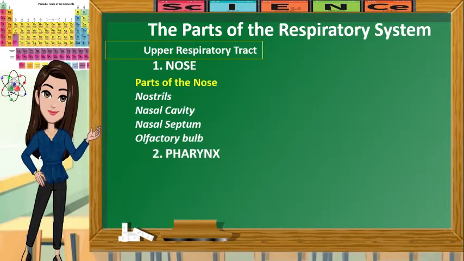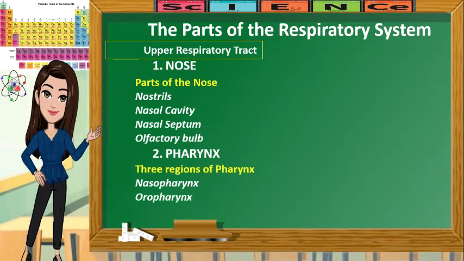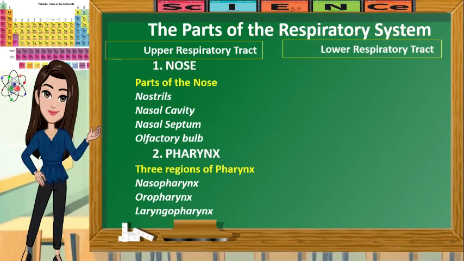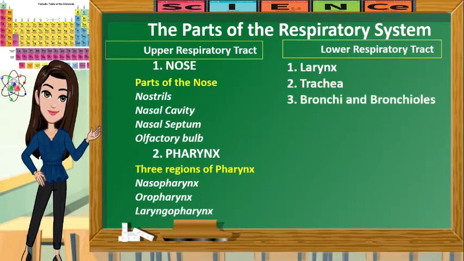The second one is the pharynx. We have three regions of the pharynx: the nasopharynx, oropharynx, and laryngopharynx. We have the lower respiratory tract. The first one is the larynx, second is the trachea, then the bronchi and bronchioles, and the last one is the lungs.